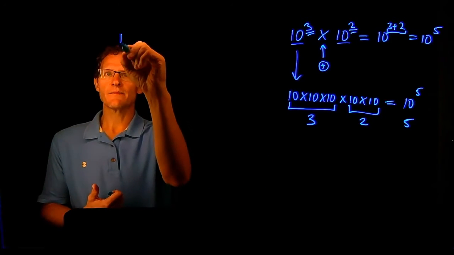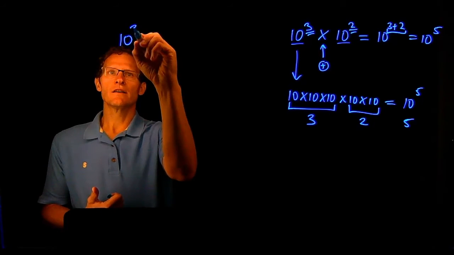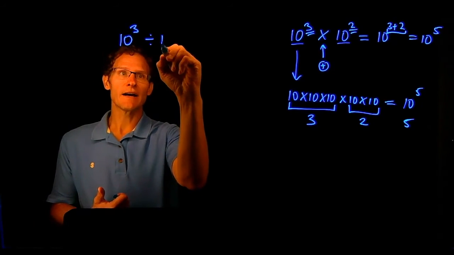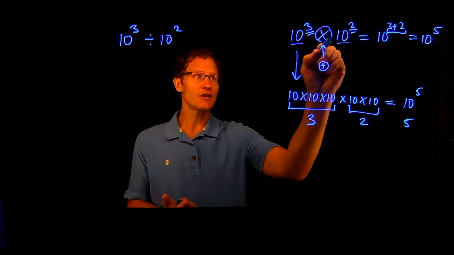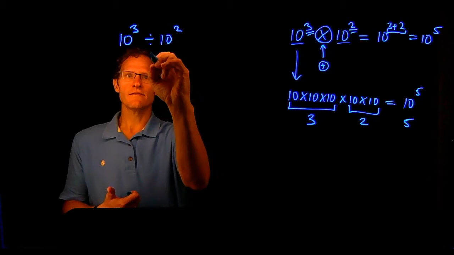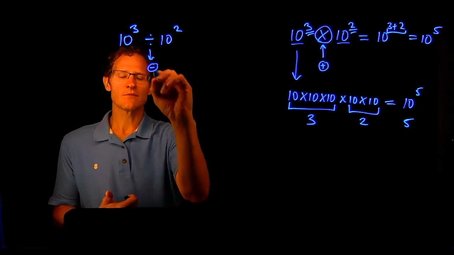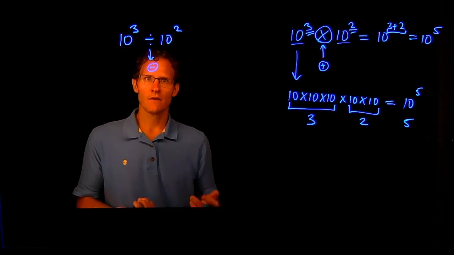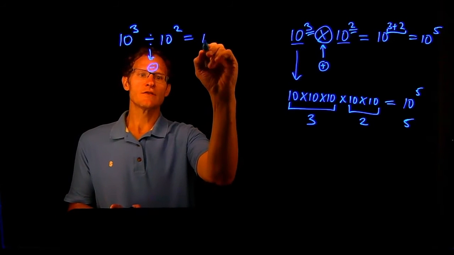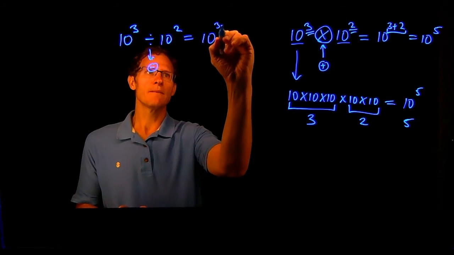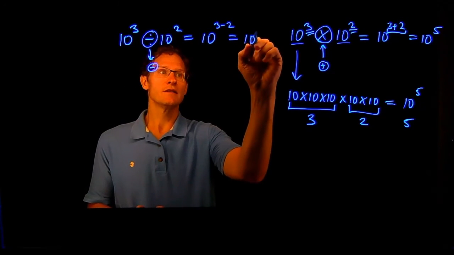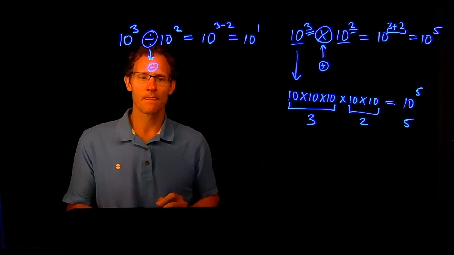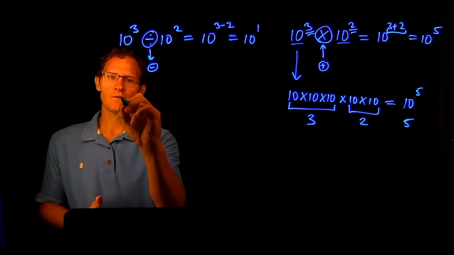So if we have something like 10 cubed divided by 10 squared, well, if multiplication here is addition, then division is going to be subtracting our exponents. So this is going to be equal to 10 to the 3 minus 2 because we're dividing, or 10 to the first power.